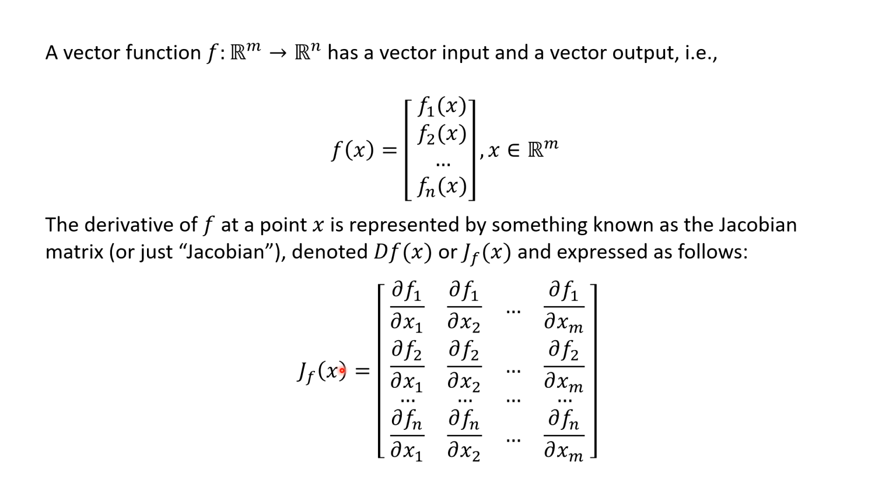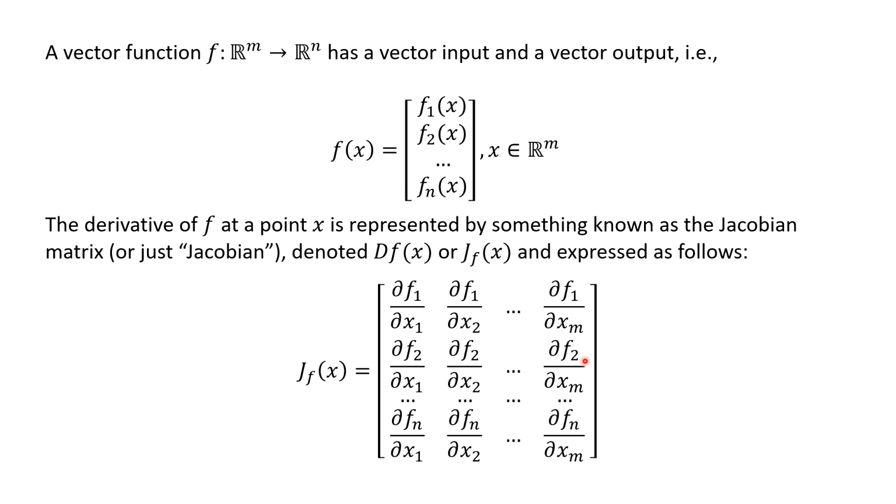So this is the Jacobian, and you see that across the first row, you're taking your output, f1 of x, and you're doing the partial with respect to x1, x2 up to xm, since there's m variables here. And then you take f2 and you take the partial with respect to each variable.